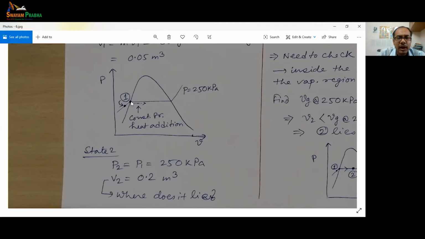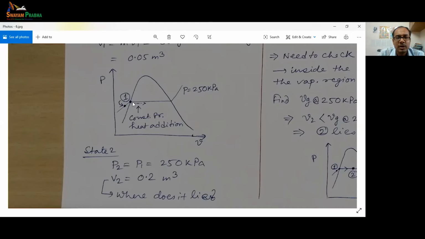Along this line we are going, because we are following constant pressure. If we remember, from state 1 to state 2 the spring is not engaged. Only the weight of the piston is giving resistance to the vapor to rise, so it will be a constant pressure process.